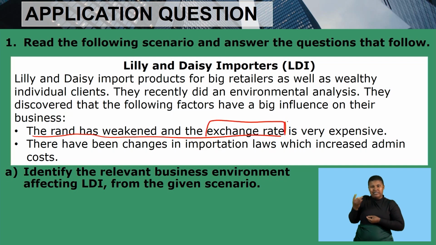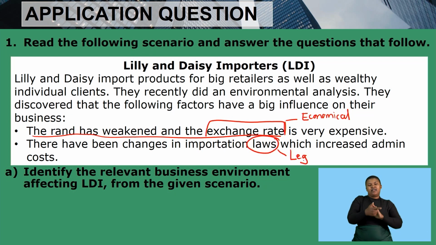So this can be seen as an economic environmental factor. Our second bullet says there have been changes in importation laws. So laws can be seen as legal environmental factors. And of course, economic and legal are part of our macro environment.